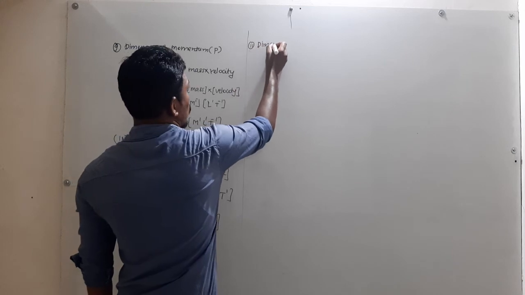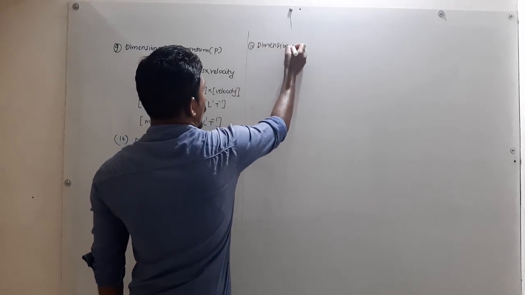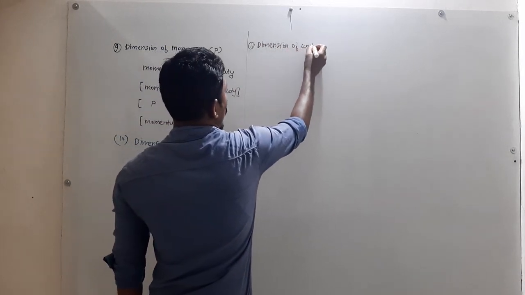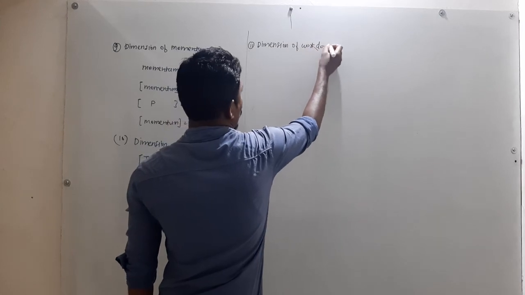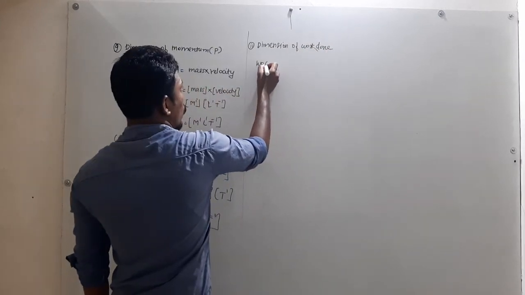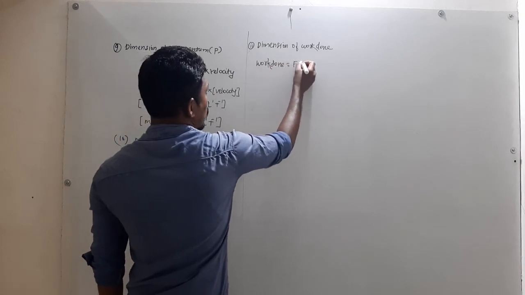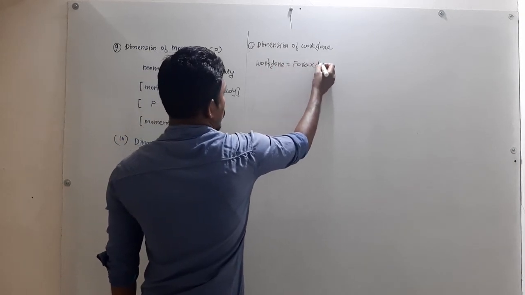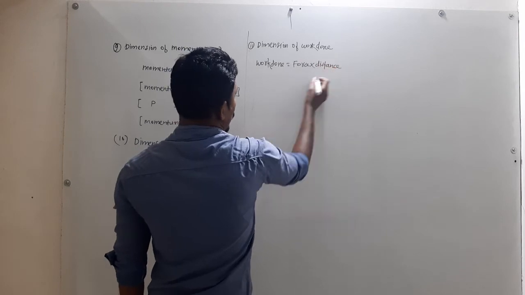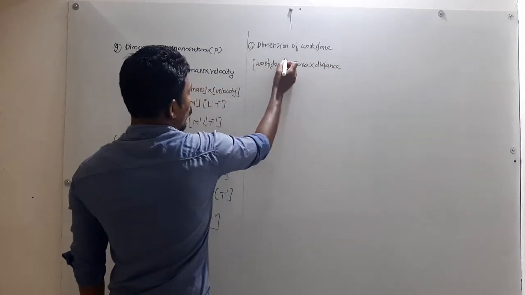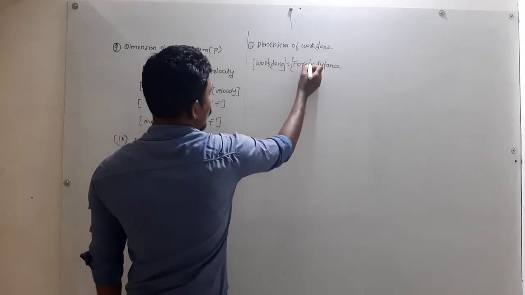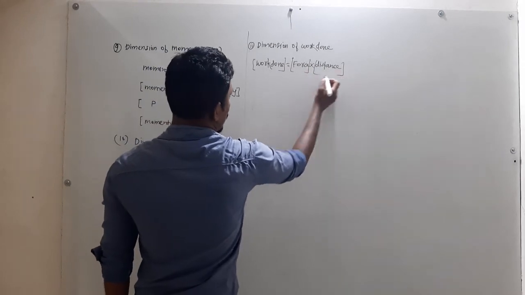Next, dimension of work or work done. What is the formula of work done? Work done is equal to force into distance. That is, dimension of work done is equal to dimension of force into dimension of distance.